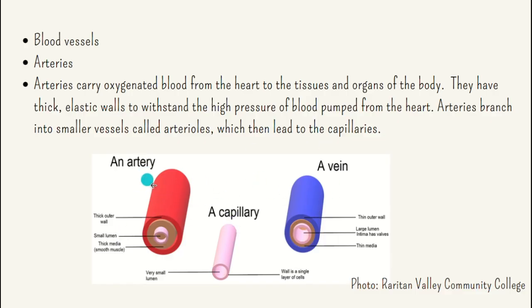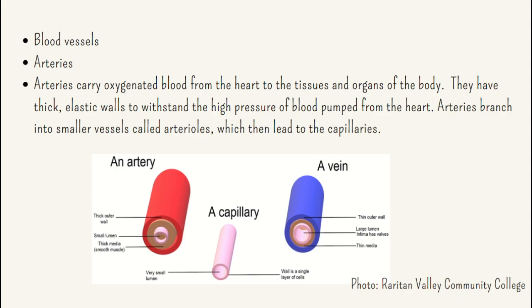Usually the artery is the biggest one, right? The arteries carry oxygenated blood from the heart to the rest of the body. So just remember this: arteries carry oxygenated blood from the heart to the tissues and organs of the body. So it means that they carry oxygenated blood away from the heart.